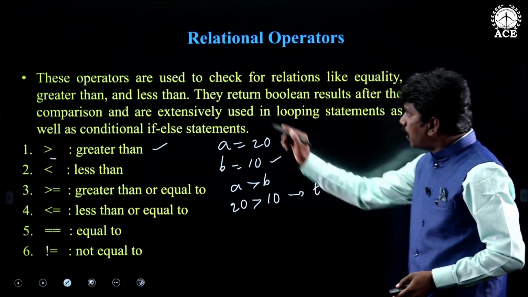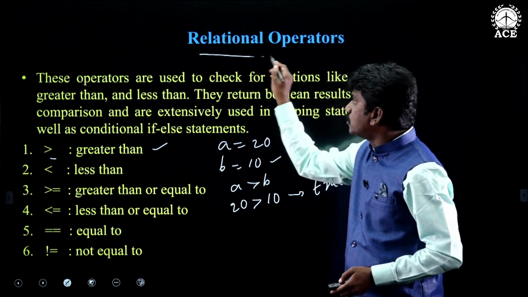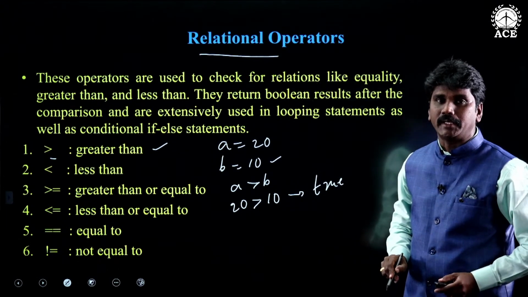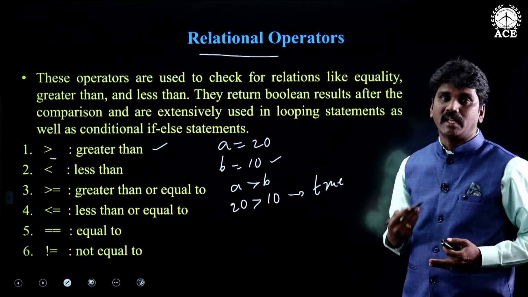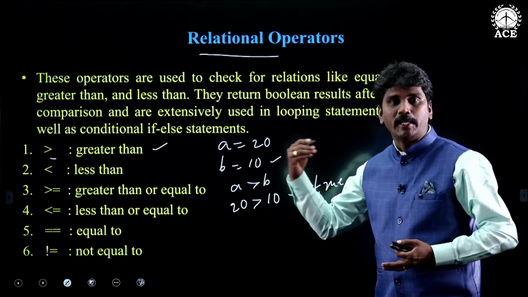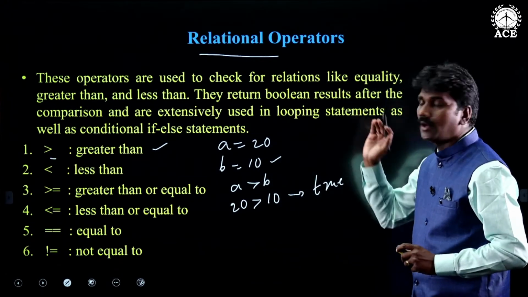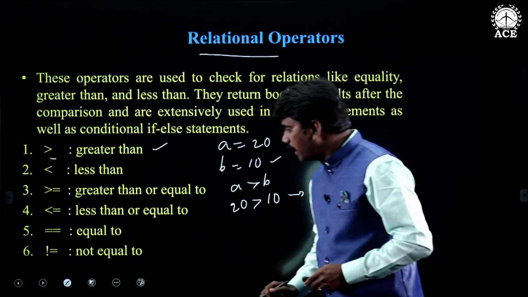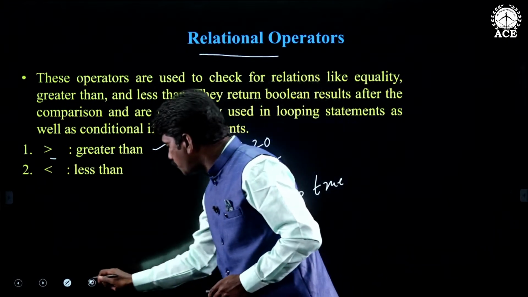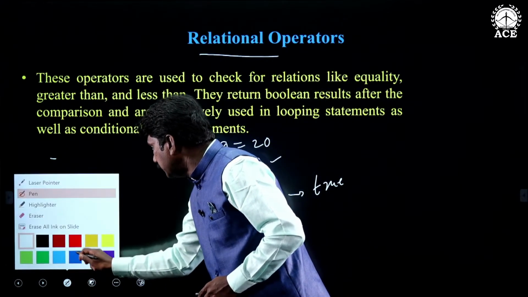So for relational operators also, the result is going to be either true or false. That is, a Boolean value is returned in the case of relational operators. Let us see one simple example for understanding this better.